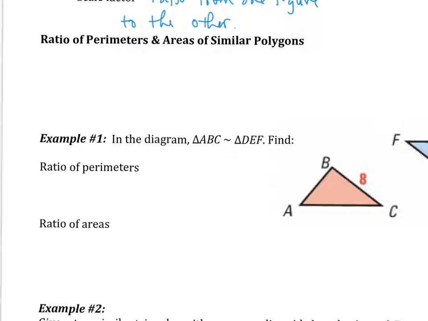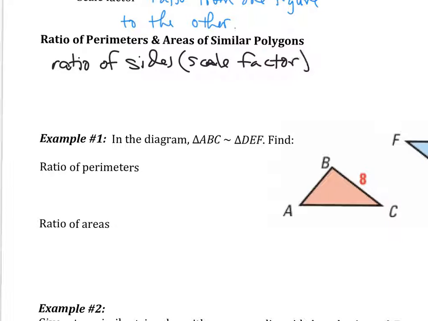I always start out with the idea of the ratio of the sides, which is your scale factor. I always refer to it as A to B, being like 3 to 2, 4 to 1, or in Chris's case, 72 to 1, okay? So the ratio of the sides is your scale factor.